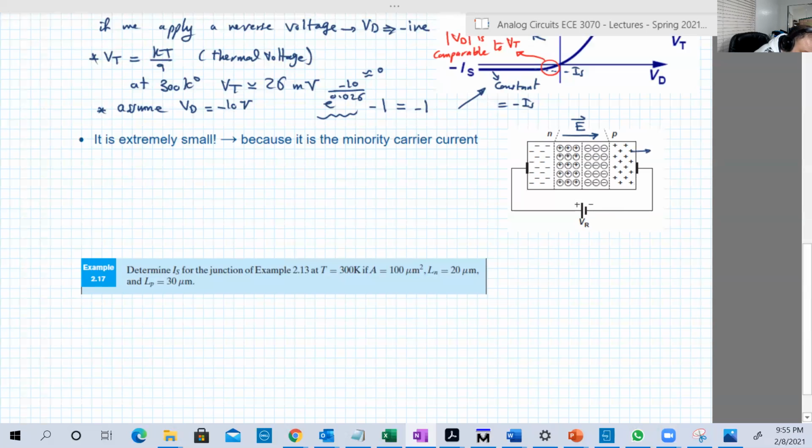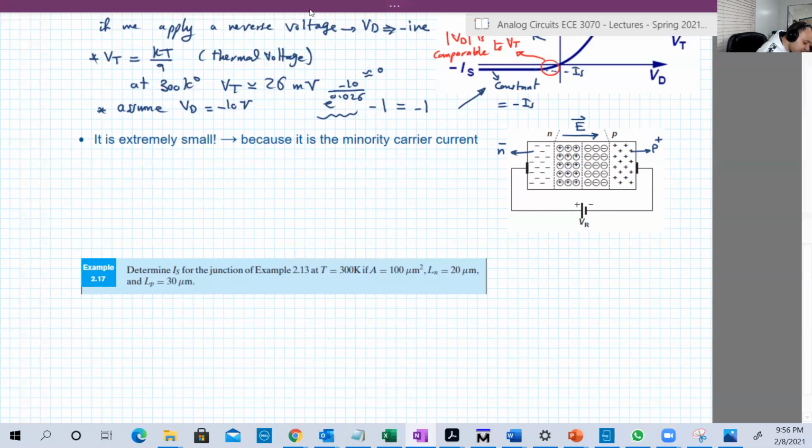Actually, they will go to the negative terminal of the battery and be absorbed there, and the electrons will move in that way. So these are holes, and these are the electrons, and they will move in that way, away from the junction. But we know that there are minority carriers inside the P side and other minority carriers inside the N side. So let's do that with another color.